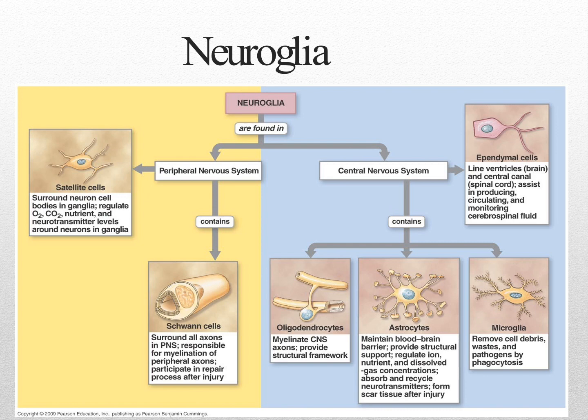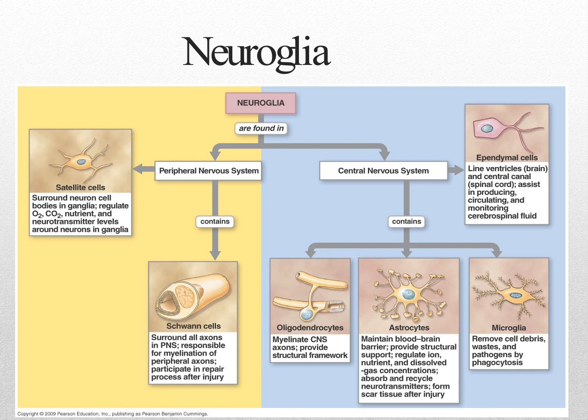But after that, if you look more superficially, we're going to see that the Schwann cell does something else. It's going to make an additional sheath, and that's called the neurolemma.